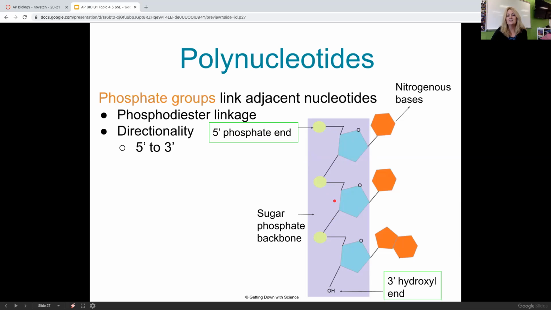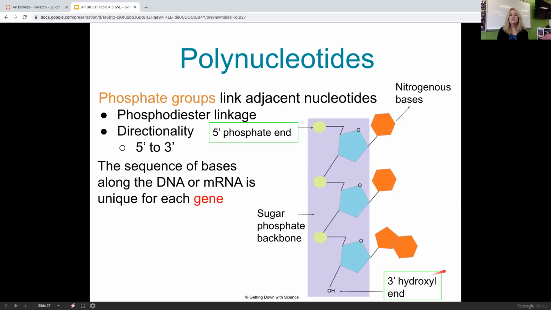It's really just a place to hang the nitrogenous bases. The code of life in DNA and RNA is here in the nitrogenous bases. This is the important message. The rest of it is just a place to hang it. So we have the 5' phosphate end up here, the sugar phosphate backbone here, and the 3' hydroxyl end on this side.